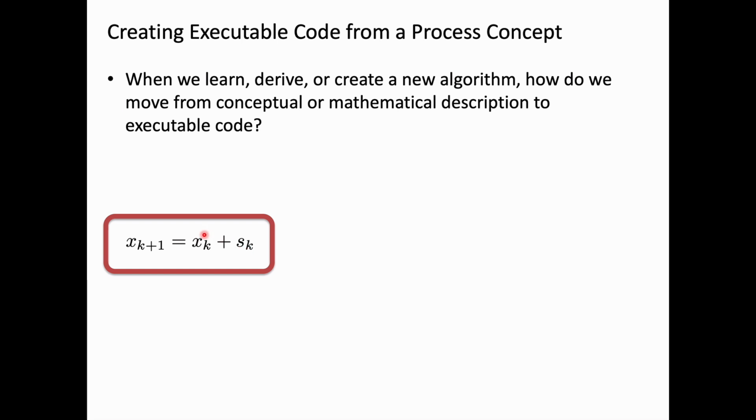Then we add these two numbers together, whether they are scalar numbers or vector numbers, and that produces the new updated version, x at iteration k plus 1.